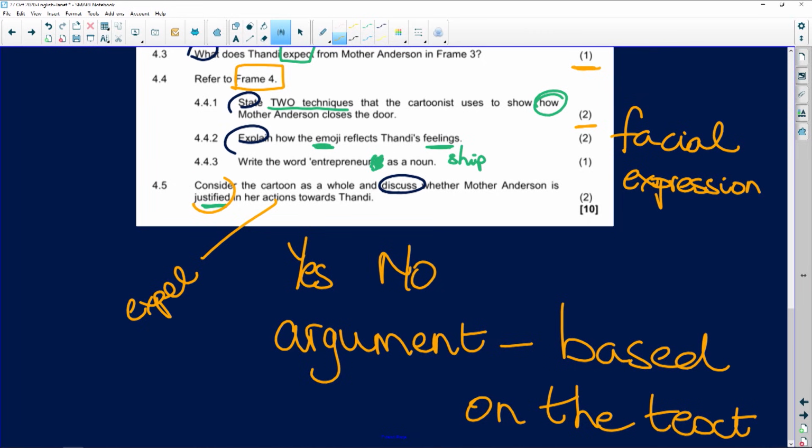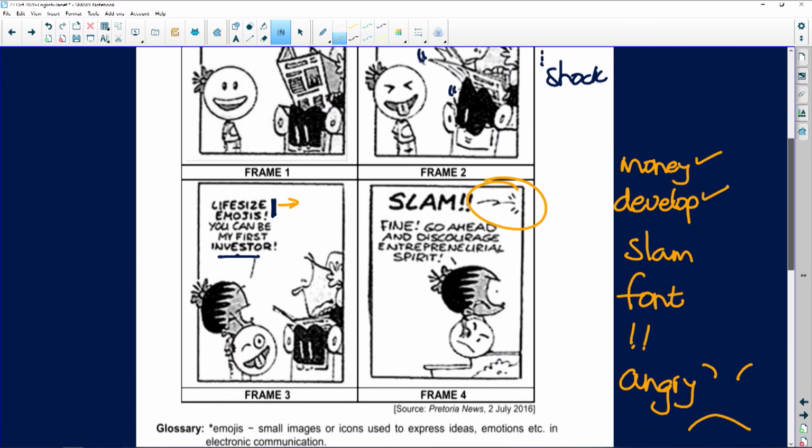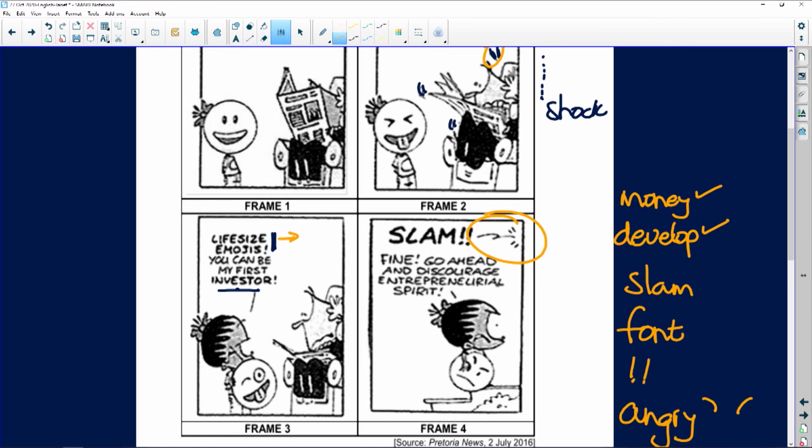Is she justified? What does that mean? Does she have reasons that we would accept as reasonable? And you go back and you explain. Yes, in that she got a terrible fright. There was no reason for the child to scare her like that. She's an old lady and she's upset. Or, no, it's a child. There's a child living in the house. You're expecting the child to behave the way that children do.